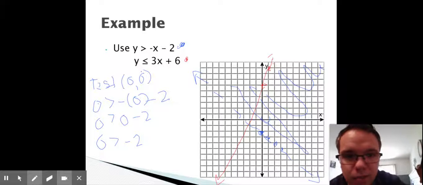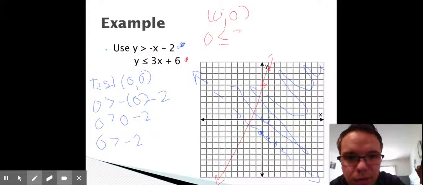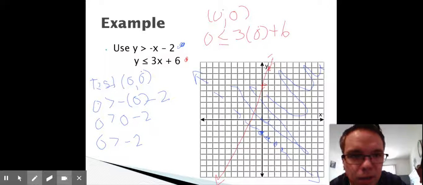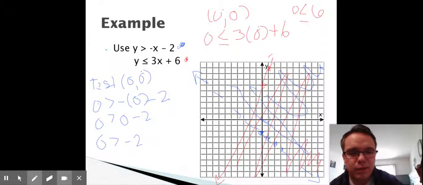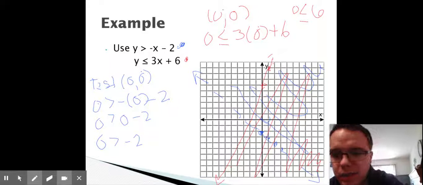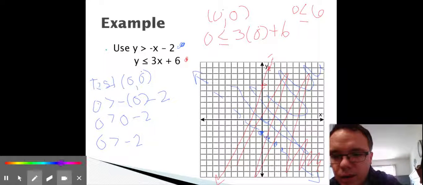And then I'm going to test a point 0, 0. So I'm going to get 0 is less than or equal to 3 times 0 plus 6, or 0 is less than or equal to 6. Is that true? Yes, it is. So again, I'm going to shade towards the 0. And then the place where they overlap, I'm going to try to make that purple.